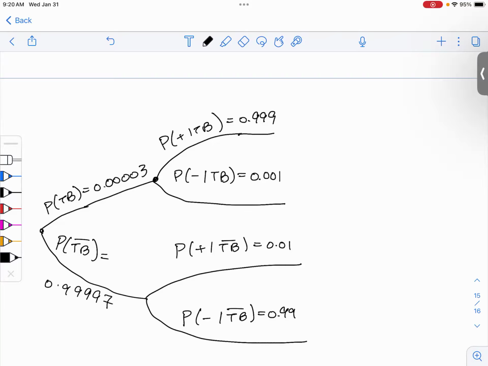All right. And then this allows us to do the simple events: TB and positive, TB and negative, no TB and positive, no TB and negative. And lastly, the probabilities.